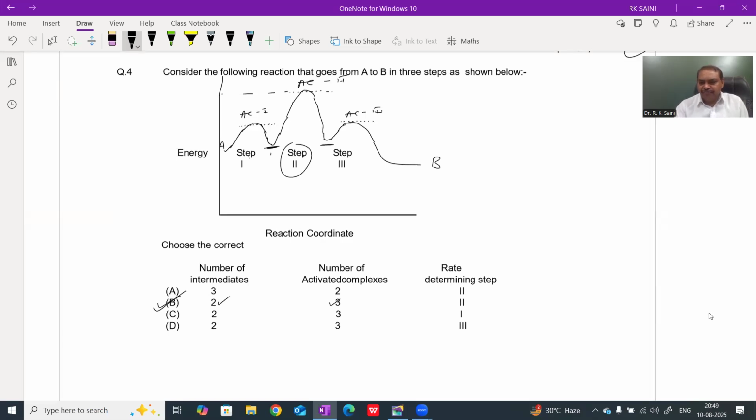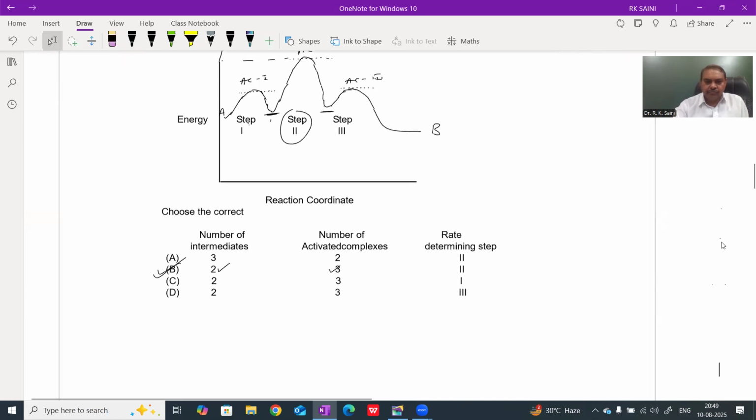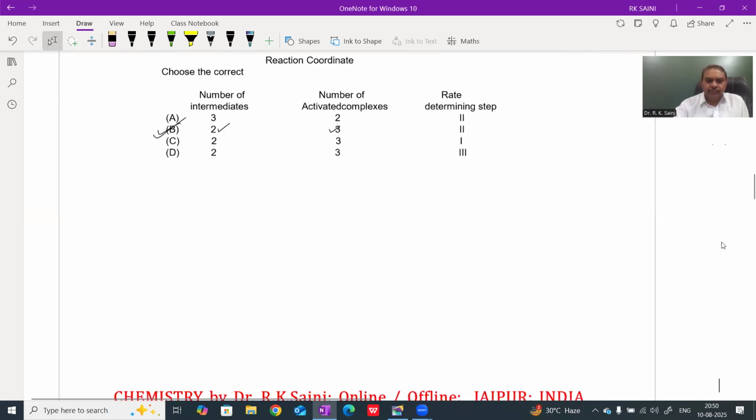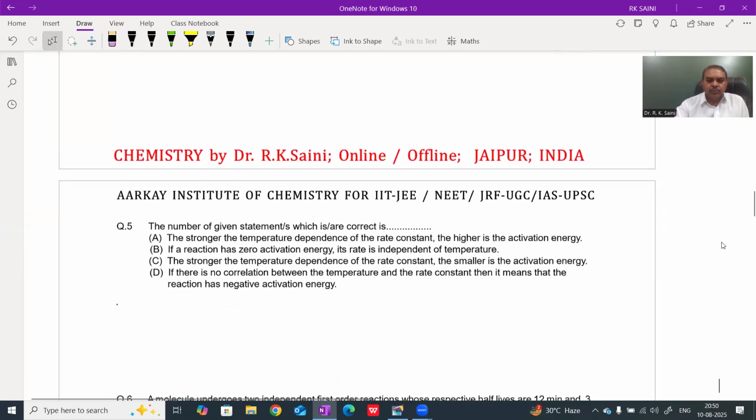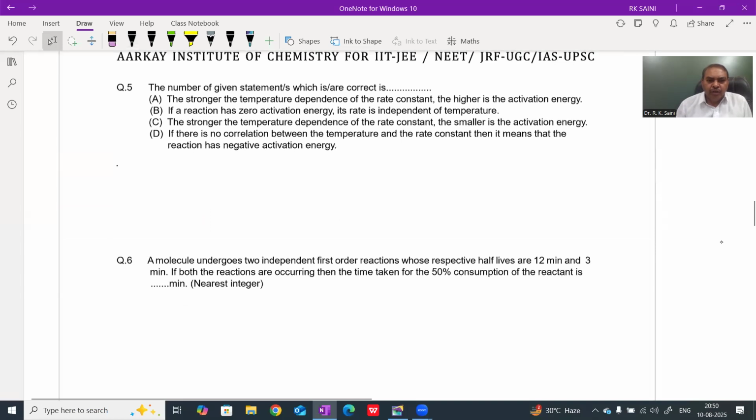Question number 5. The number of given statements which are correct is: first, the stronger the temperature dependence of the rate constant, the higher is the activation energy.